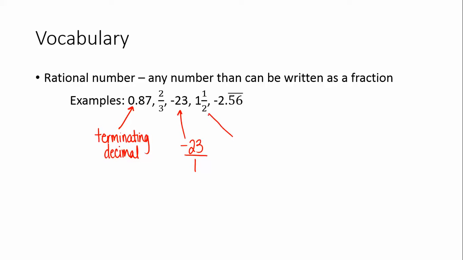Mixed numbers, there's an argument that mixed numbers themselves are fractions, but if you candy cane this, 1.5 becomes 3/2. We write it as an improper fraction, then that makes it rational. And then finally on the end we have repeating decimals.